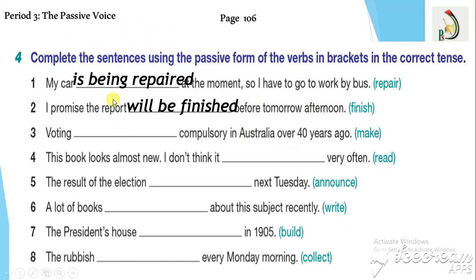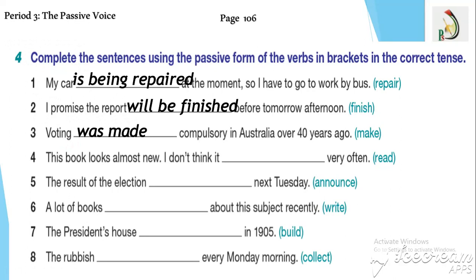Why will be? Because we have a proper subject here, which is the report. Voting compulsory in Australia over 40 years ago. We don't know who did it. So we will say that voting was made compulsory.